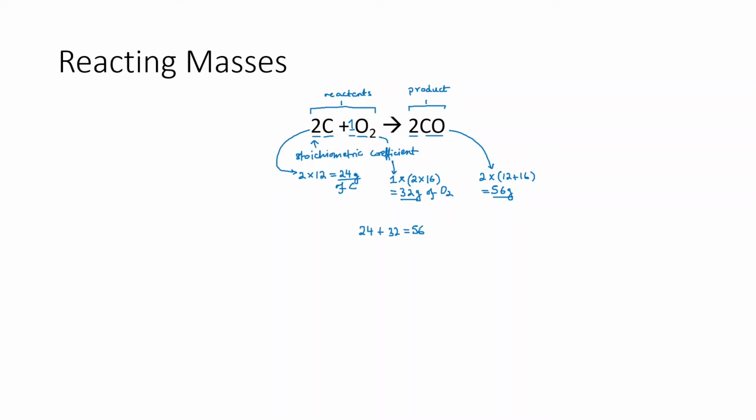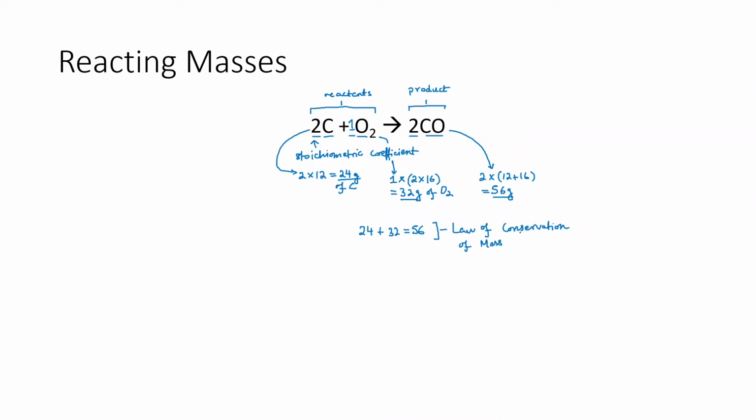So this sum over here is not by coincidence. This actually refers to the law of conservation of mass, right? And this basically states that matter cannot be created nor destroyed in a chemical reaction. The total mass of all reactants equals the total mass of all products in a reaction, right?